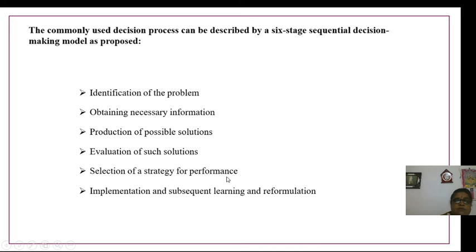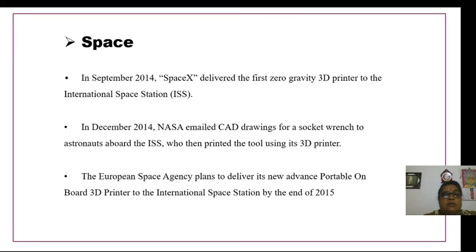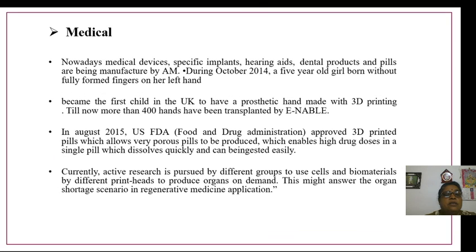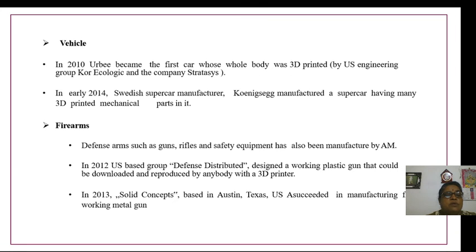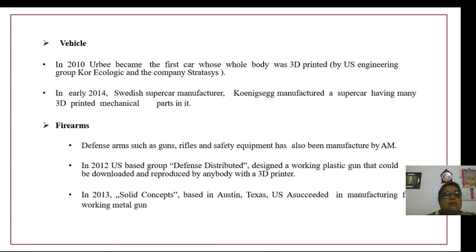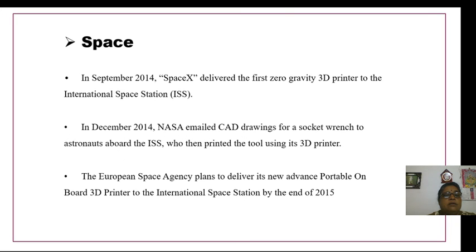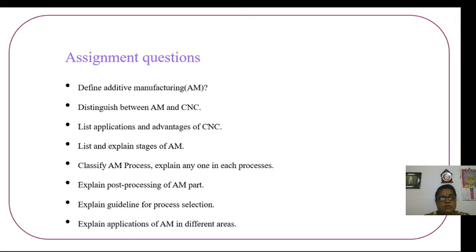These are the guidelines that you are supposed to mention while answering this question: selection of a strategy for performance. Guidelines for process selection. Then applications of AM parts. Of course, here I have given the applications: space, bioprinting, medical, automotive industries, rapid prototyping, food, apparel, vehicles, firearms, medical and bioprinting, space, etc. So these are the applications of AM in different areas.